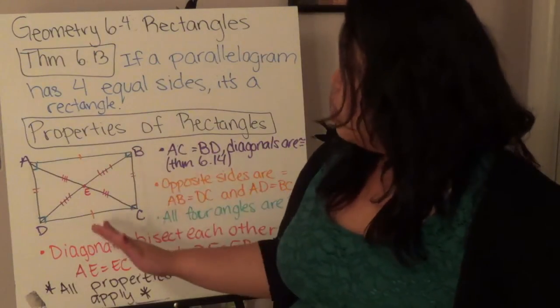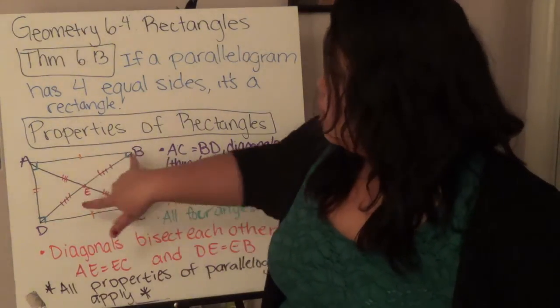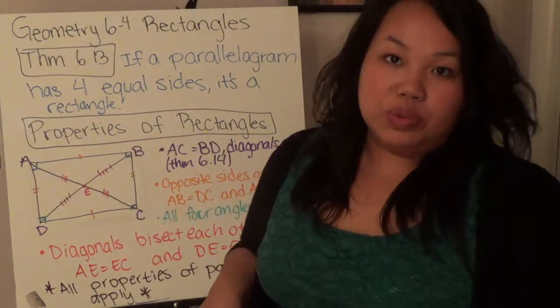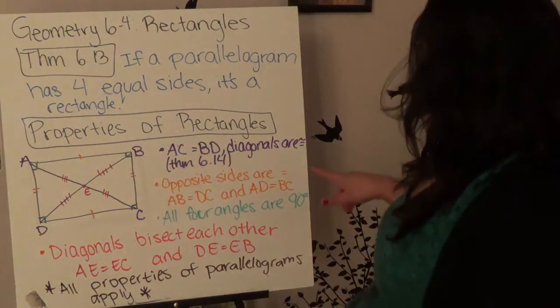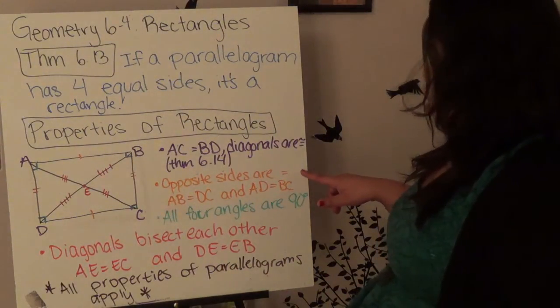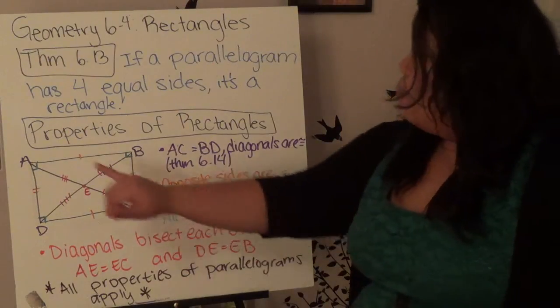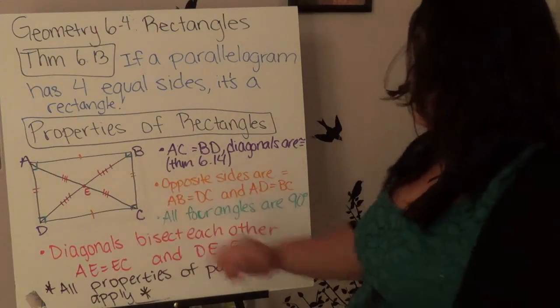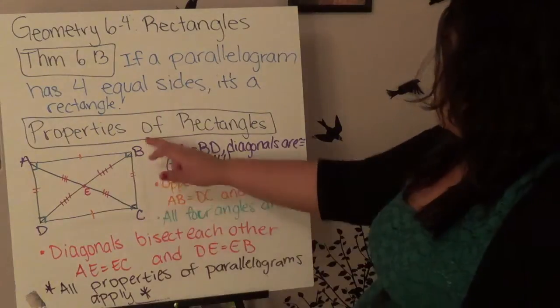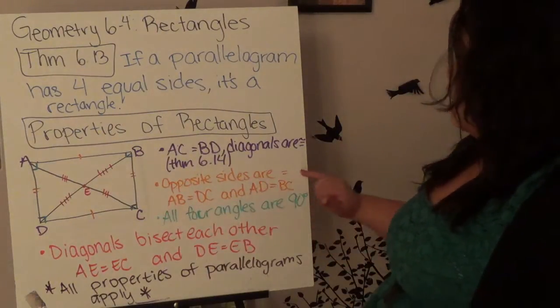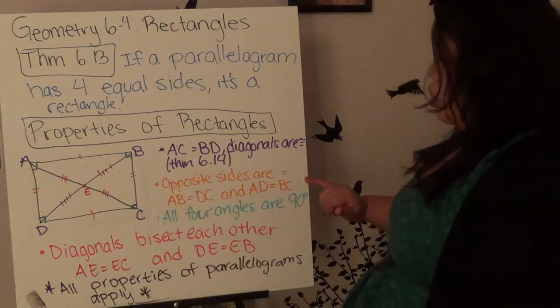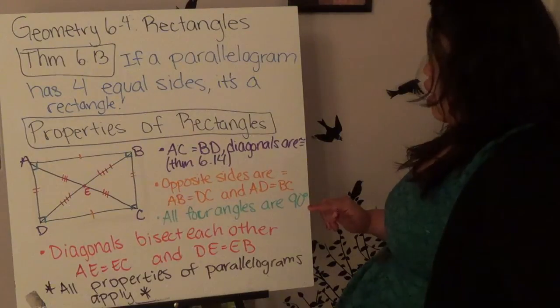In this case, not only do they bisect each other, but the diagonals themselves are equal to each other. Okay? And opposite sides are equal. So AB equals DC and AD equals BC. Opposite sides being equal is a property of a parallelogram as well. All four angles are 90 degrees.